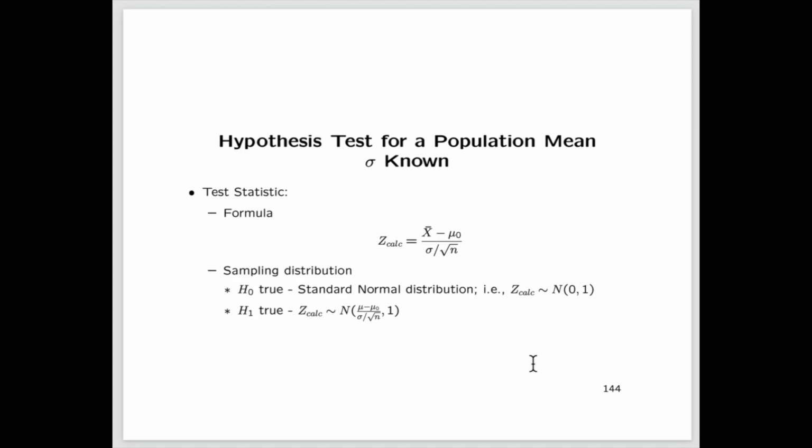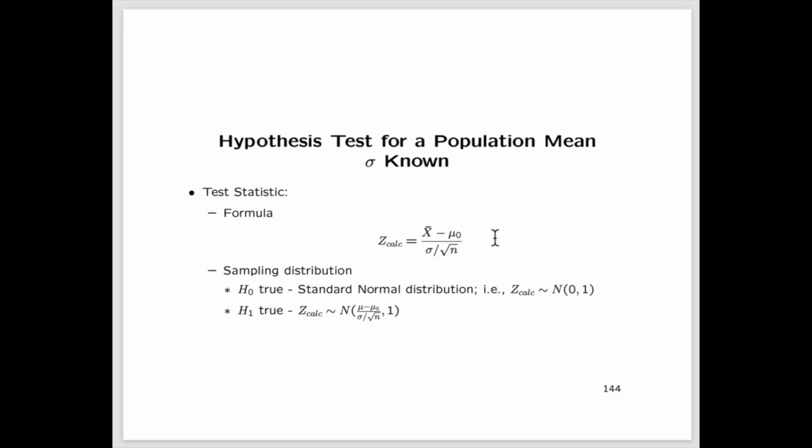Now, when the population variance is known, or equivalently, when the population standard deviation is known, then we can calculate this version of a test statistic, which has the actual standard error of x bar in the denominator. You'll recall that we call this the z-test test statistic, z-calc.